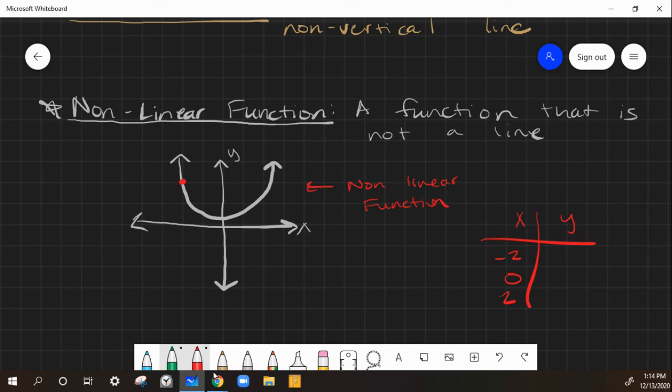You would see that this looks like 2, this looks like 1/2, and this looks like 2 again. Even though the y is duplicated here, see how there are 2 2's in the y column? That doesn't matter because all we care about is it being 1 to 1 with the x's. There has to be 1 x to 1 y, and there's no repetition with the x's here. So this is a function.